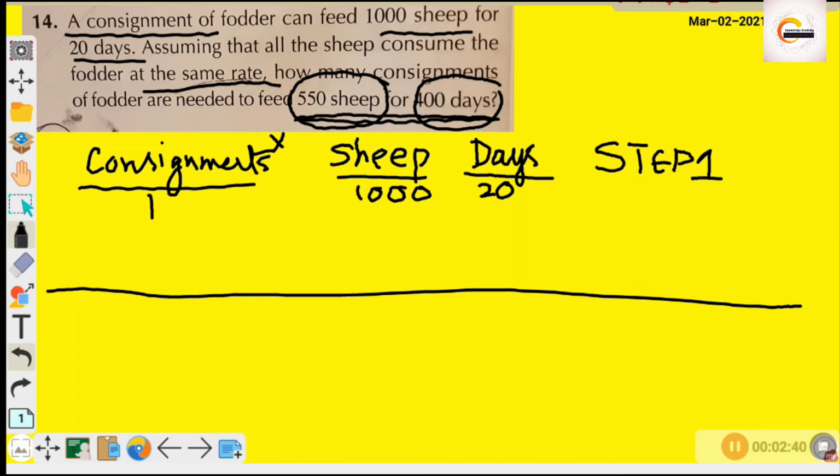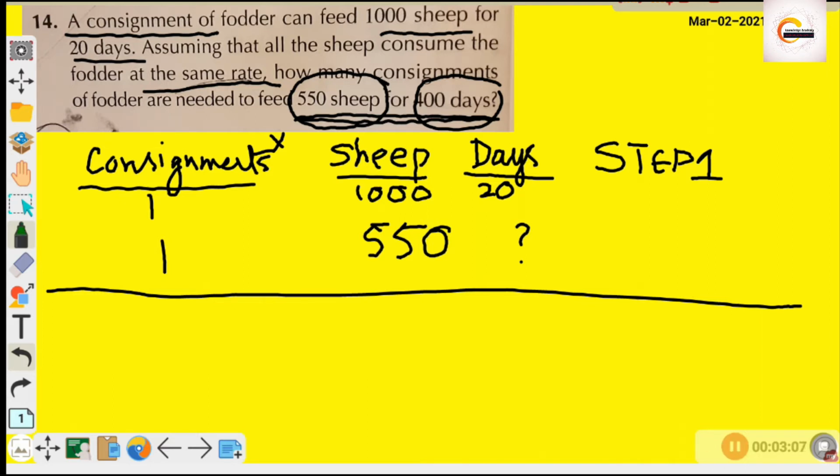So if 1 consignment can feed 1,000 sheep in 20 days, we will have to know how many days are required for 550 sheep to consume this 1 consignment. So I am keeping this consignment constant.